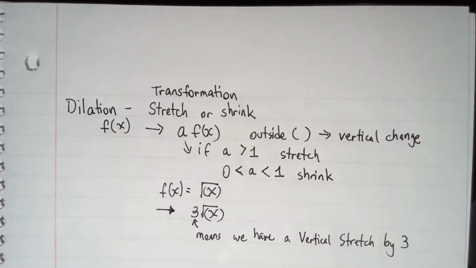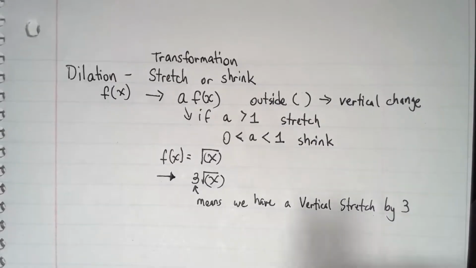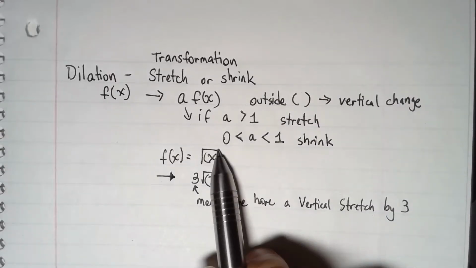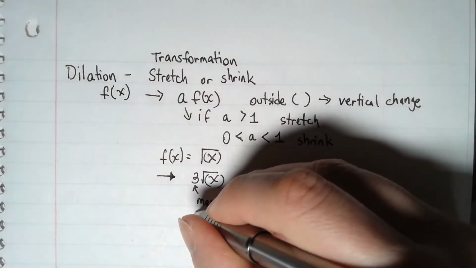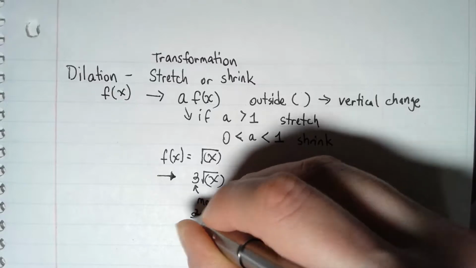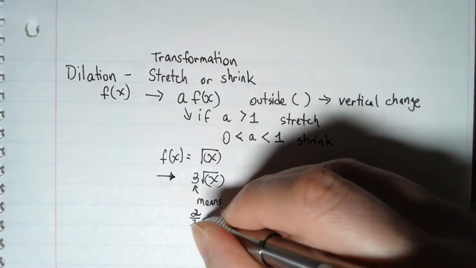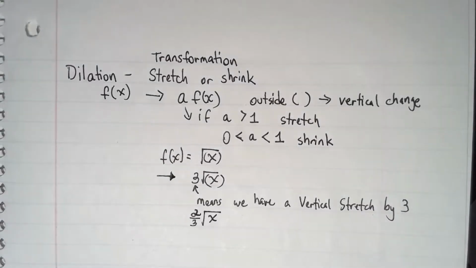Now let me give you an example of shrinking. So a shrink happens if the number is between 0 and 1. So that must mean we can have a fraction of 2/3. As you can see, this time all I did was change the 3 to a different number, 2/3, which is a number between 0 and 1.